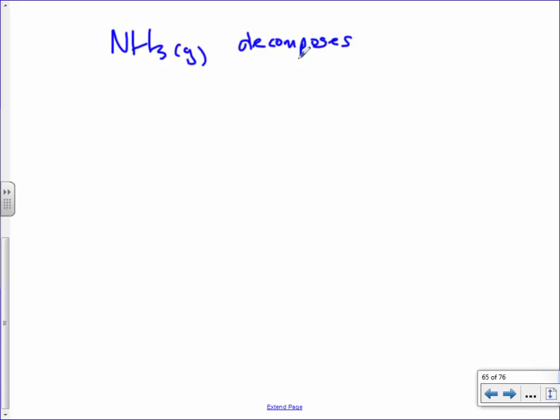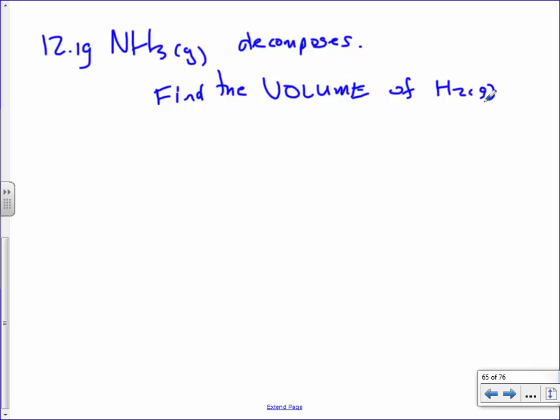So I'm going to say that NH3 is going to decompose, and I'm going to pick the mass of it because I want to work on our mass conversion. So why don't we say that there's, I don't know, 12.1 grams of NH3 decomposes. I'm going to ask you to find the volume of, let's say, a hydrogen gas made.